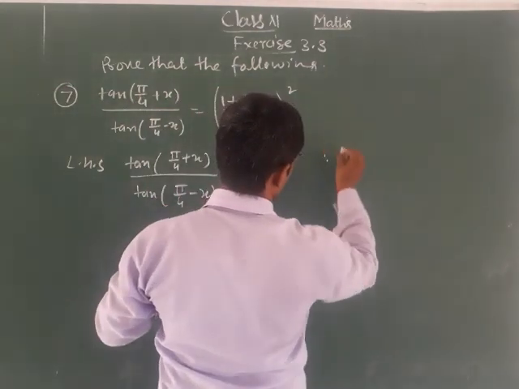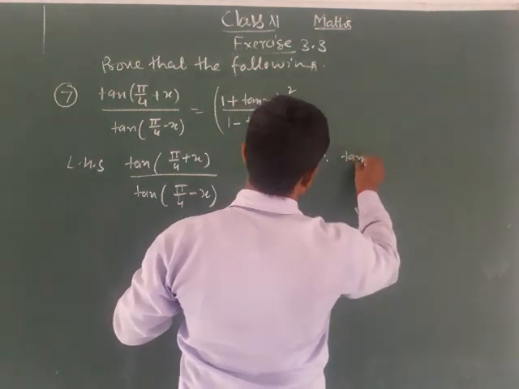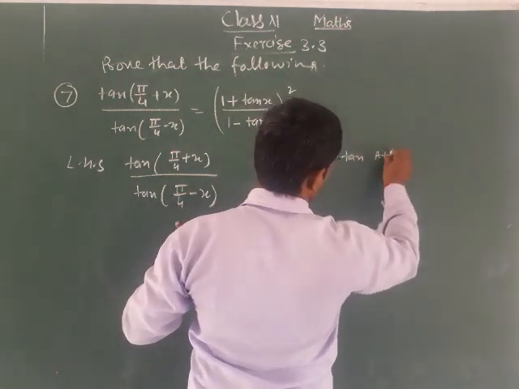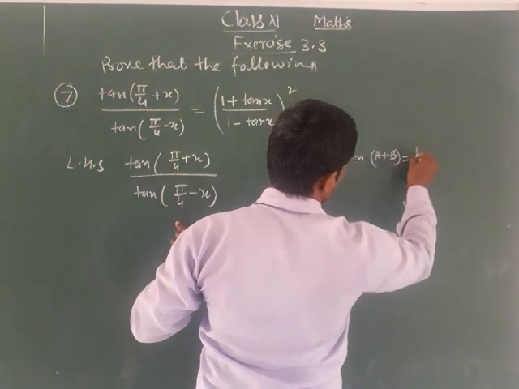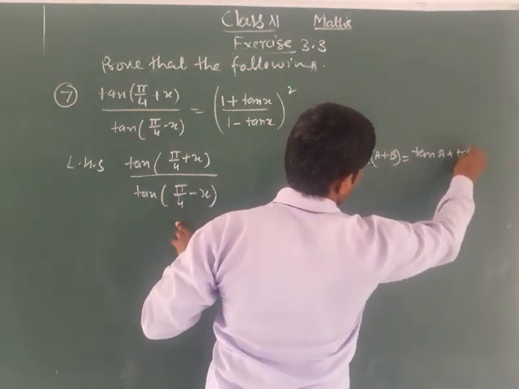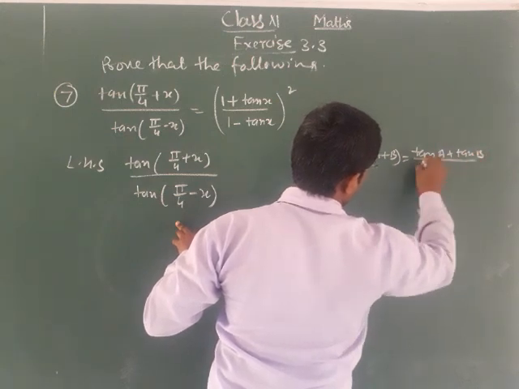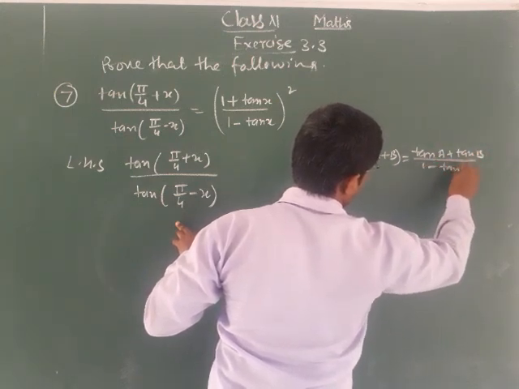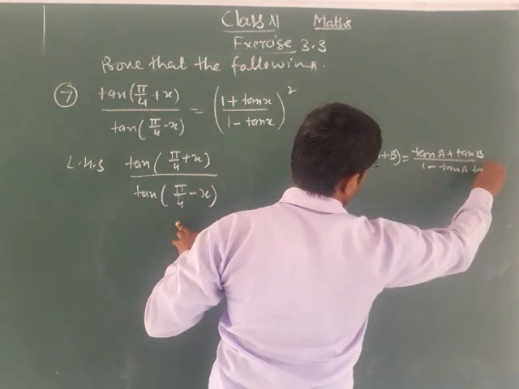You know that tan(A + B) is equal to (tan A + tan B) upon (1 − tan A tan B).